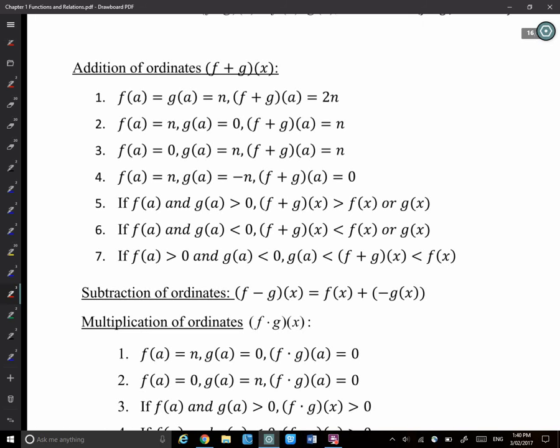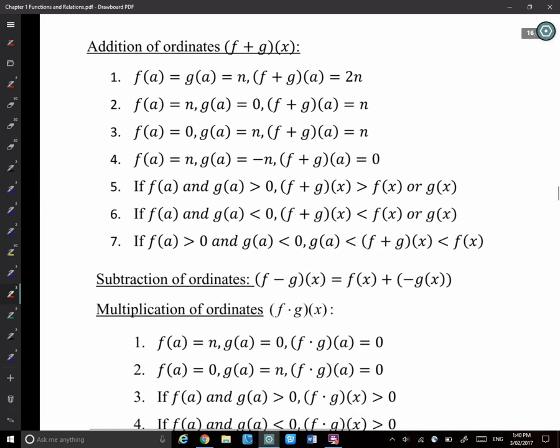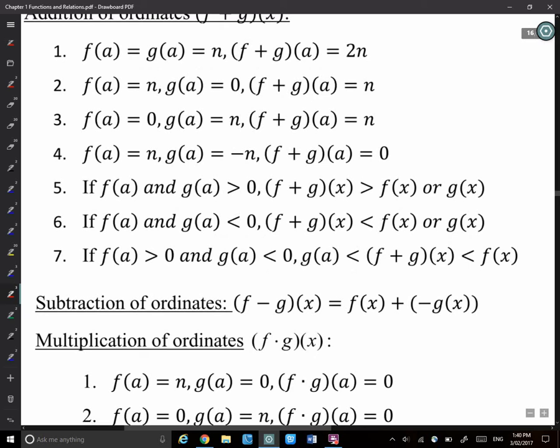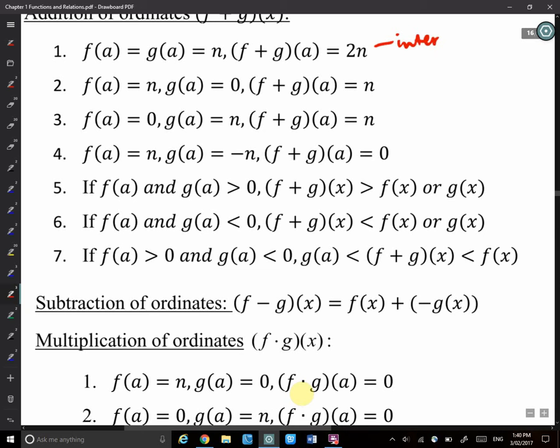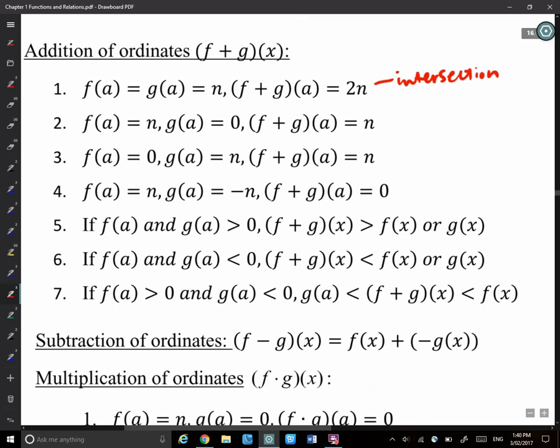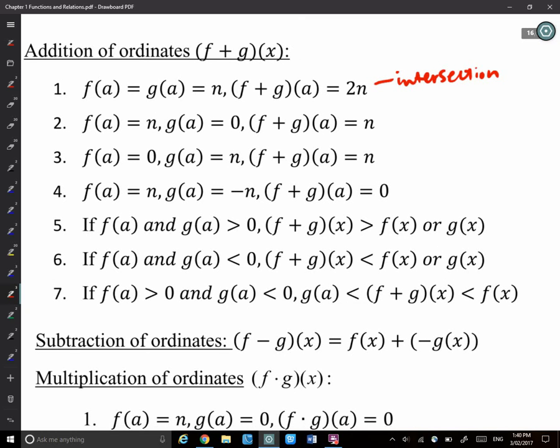Same as the sum of graphs, for the sum of functions, first of all, you will have intersections when f(a) equals g(a). When x equals a, both functions give you the same y value, which means it's an intersection. Because when we have the same x, we have the same y, that's where they intersect.